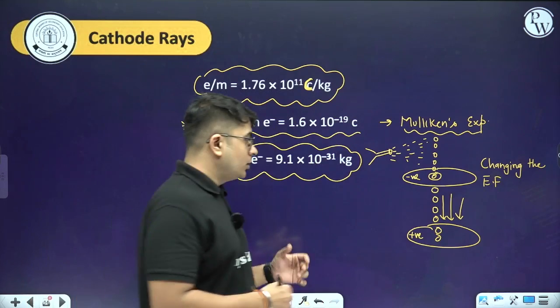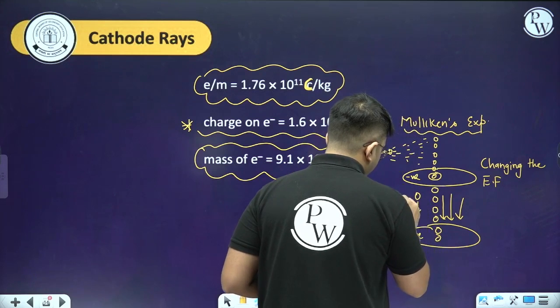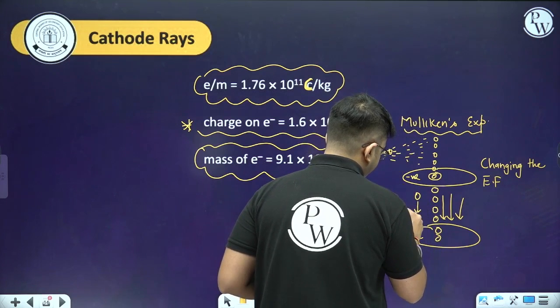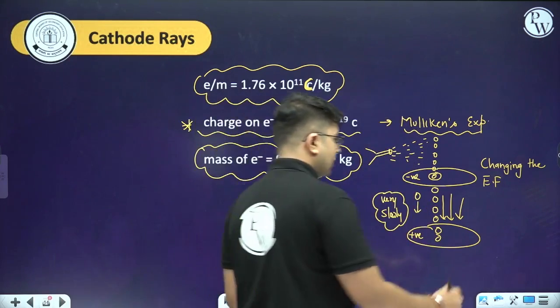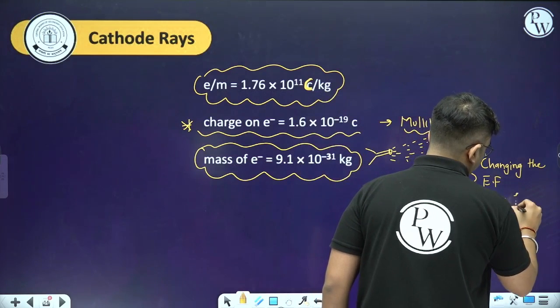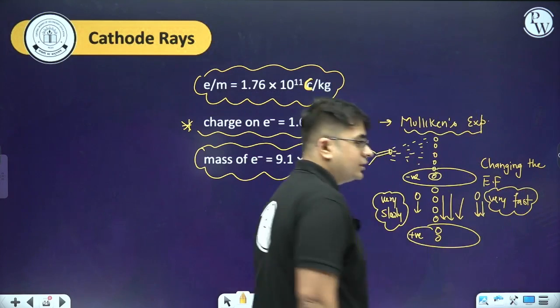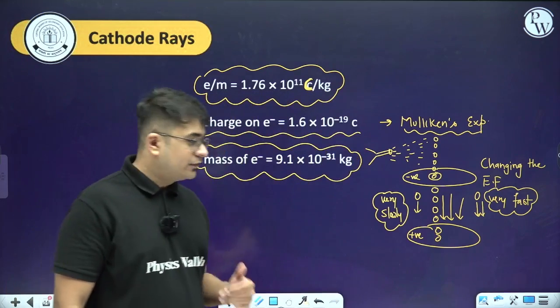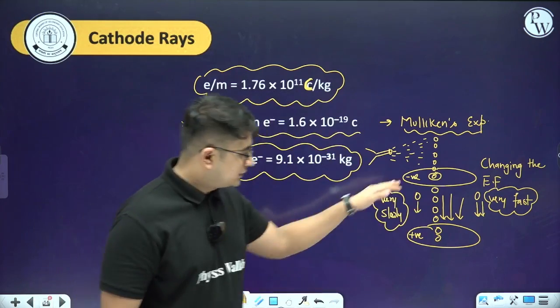There were some droplets which were moving very slowly at a specific value of electric field, and some droplets were moving very fast. And every time he changed the electric field, he saw a change in their speed of settling down.